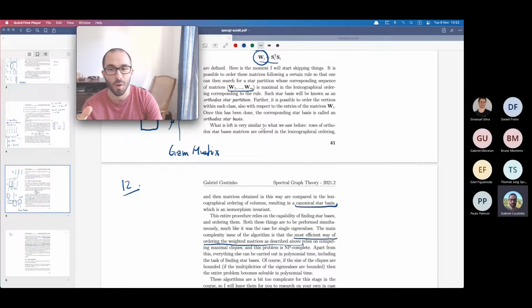But this is well accepted in the community. How does the complexity grow according to the biggest dimension of an eigenspace? It's going to be a polynomial of degree larger than 12. It has to do with computing maximal cliques, deciding whether or not there is a maximal clique of size 12 in a graph. So you can simply test all sets of vertices of size 12.